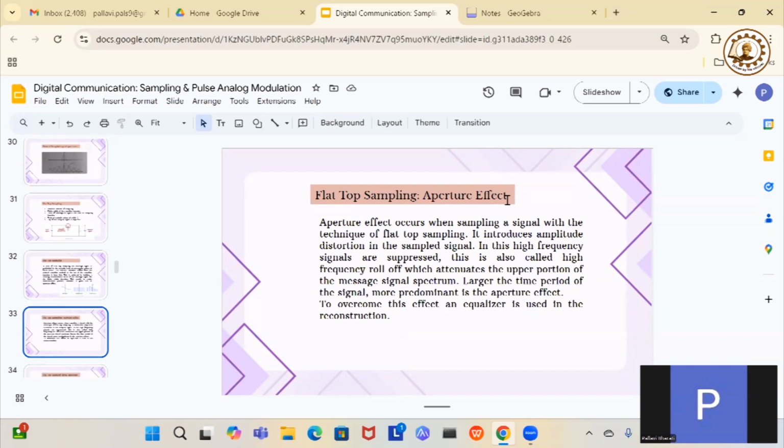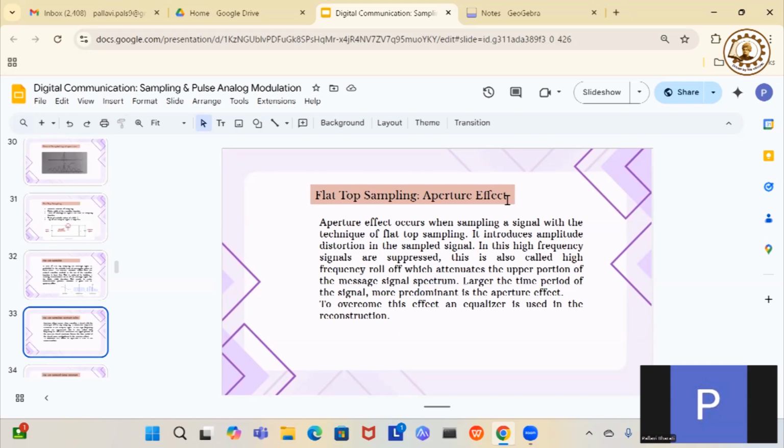In this, high frequency signals are suppressed. This is also called high frequency roll-off, which attenuates the upper portion of the message signal spectrum. The larger the time period of the signal, the more predominant is the aperture effect. To overcome this effect, we use an equalizer in the reconstruction process.